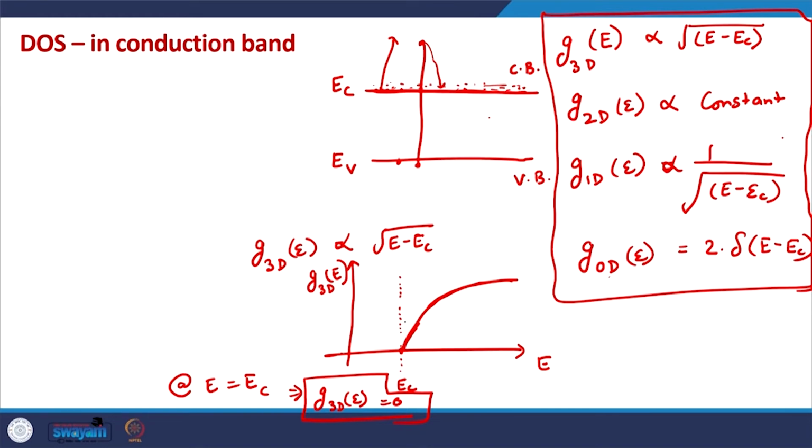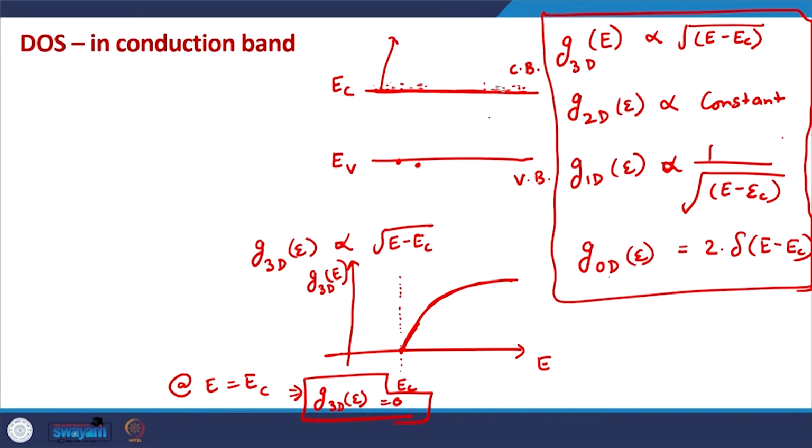As we go higher above the bottom of the conduction band, the allowed electronic states increase significantly.